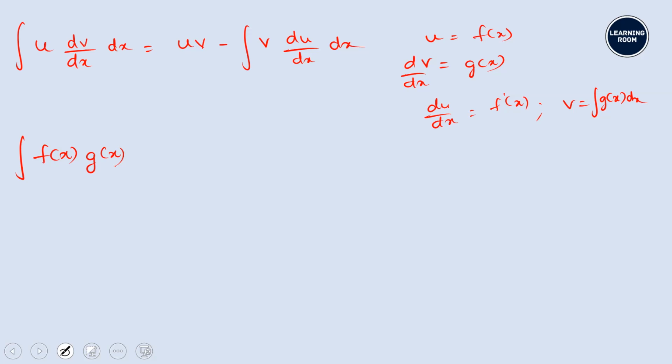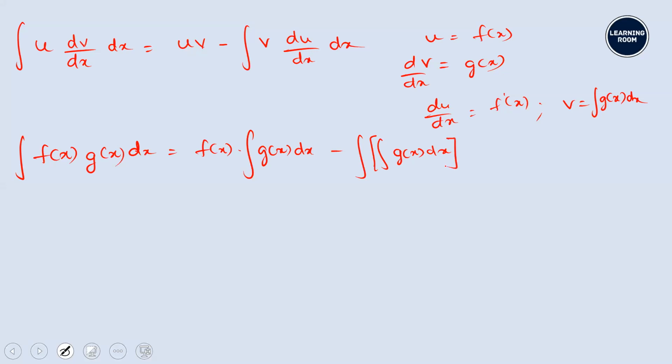So integral of f of x into g of x dx is equal to u into v, where u is f of x into, in the place of v, integral of g of x dx, minus integral of, again, in the place of this v, I will put another integral. See, observe, there is an important step. Within an integral, you have another integral. So, integral of g of x dx.